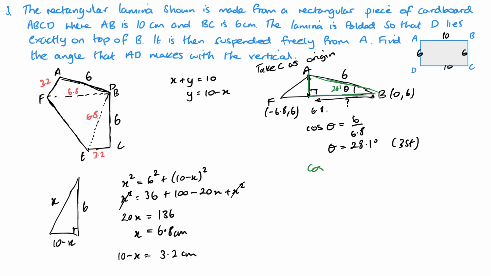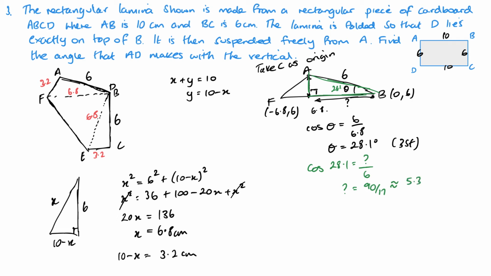So again, it's cos 28.1, and this time the question mark is the adjacent one, isn't it? And 6 is the hypotenuse. And that gives me 90 over 17, which is approximately 5.29 or 5.3.